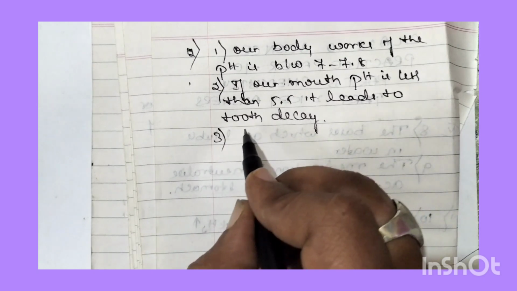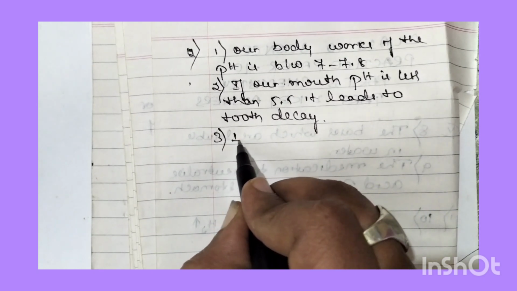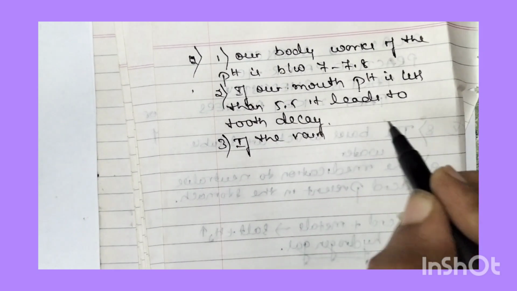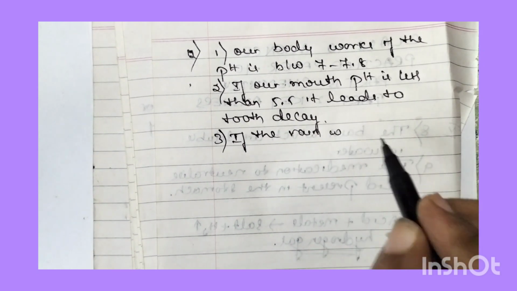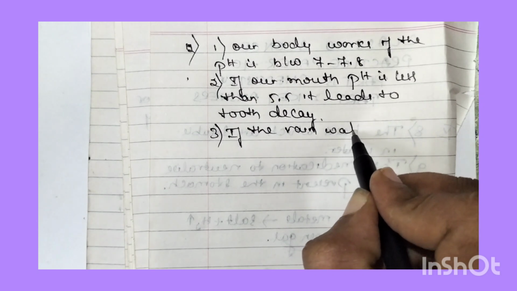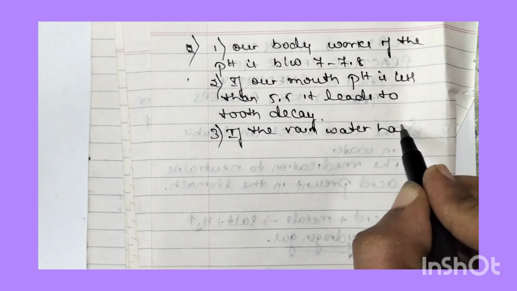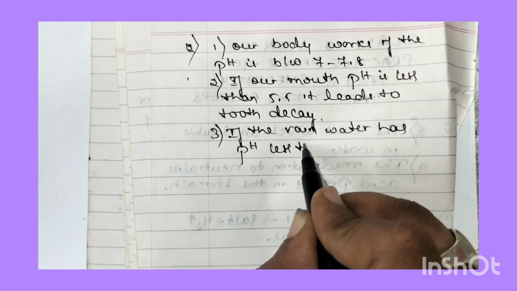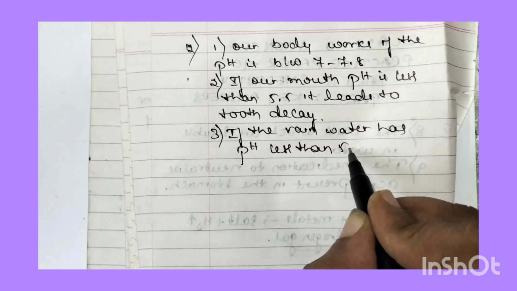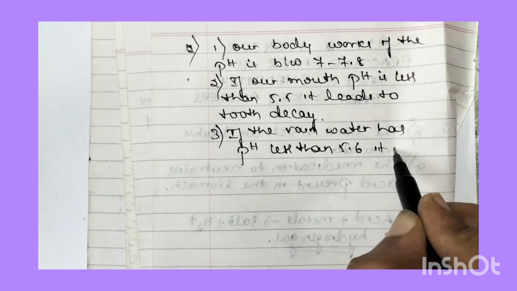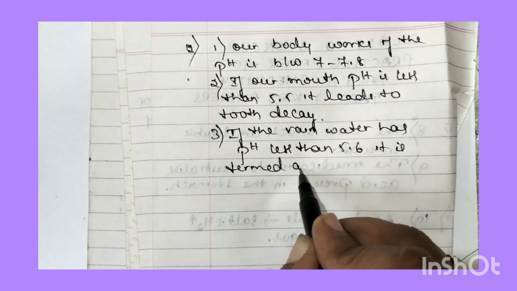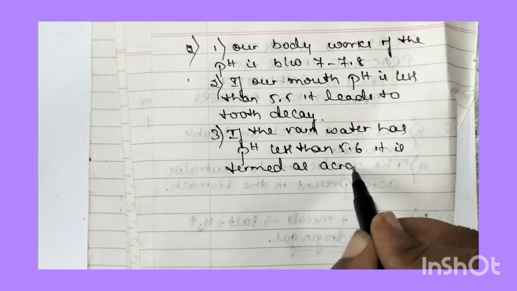Then the third one is if the rainwater has pH less than 5.6, it is termed as acid rain.